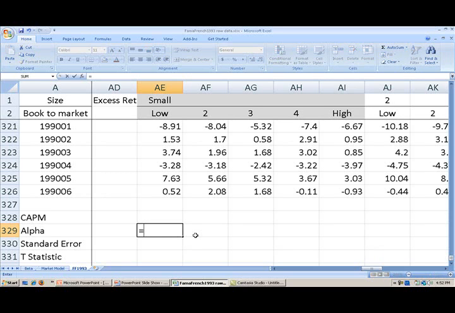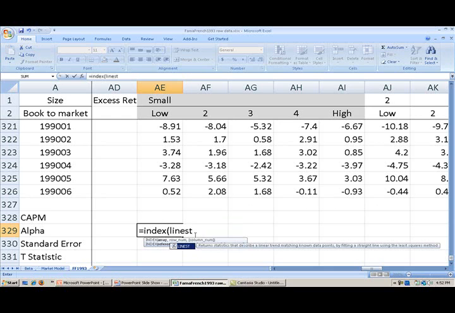We're going to type equals INDEX, because we're going to want to tell Excel where to look for the intercept, and then we're going to use LINEST. Excel prompts us for the Y variable.